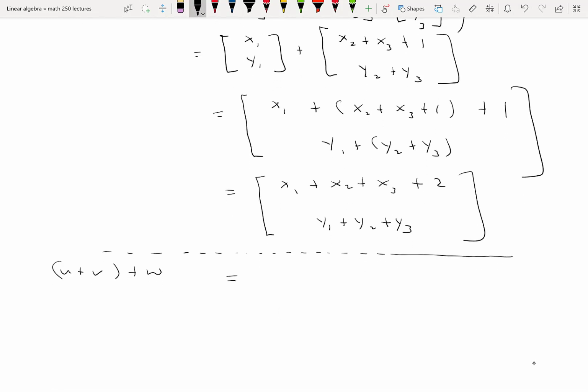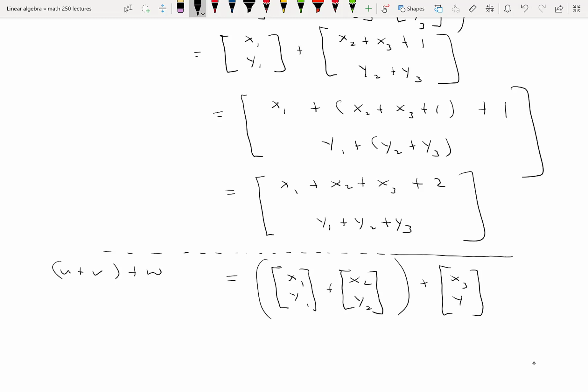We don't have to do this all in one string of operations. Here's u plus v plus w: x1, y1, x2, y2, x3, y3.